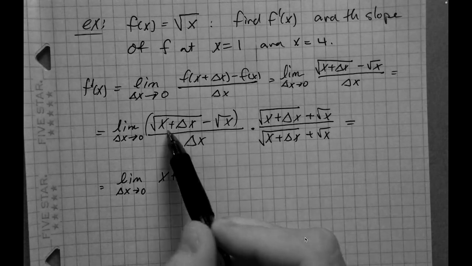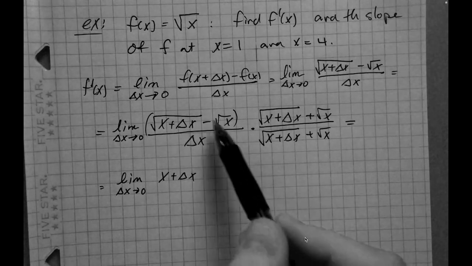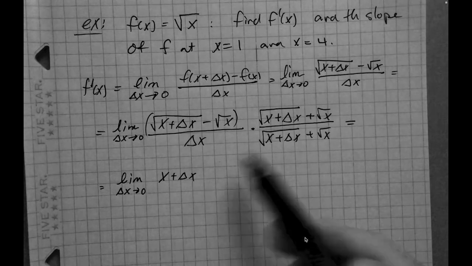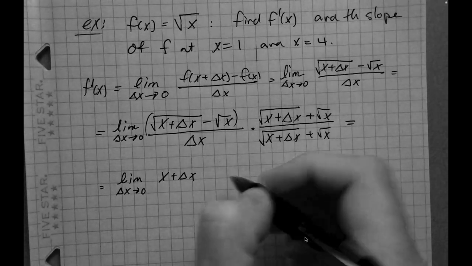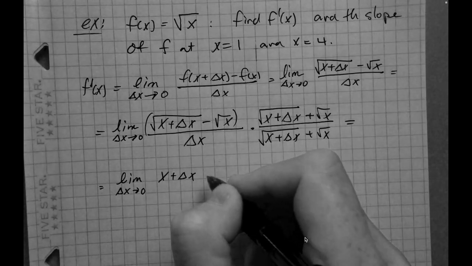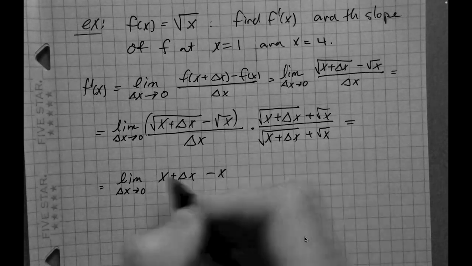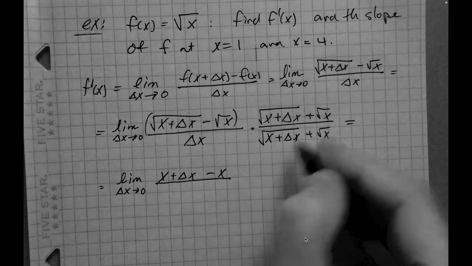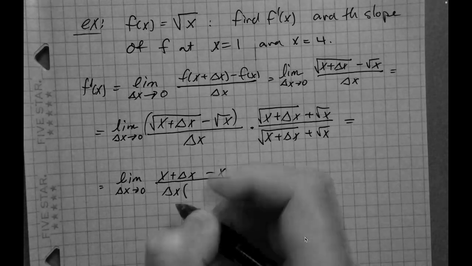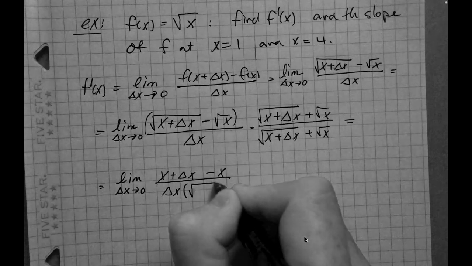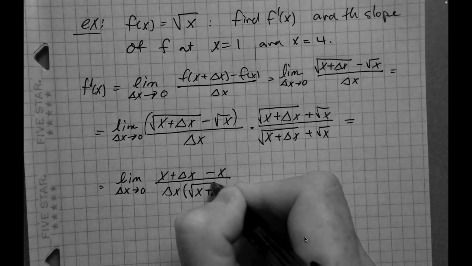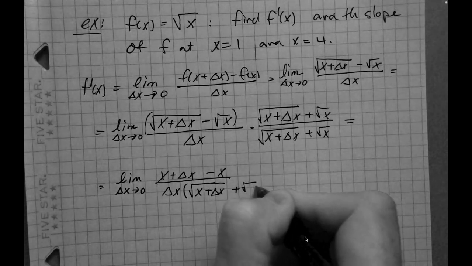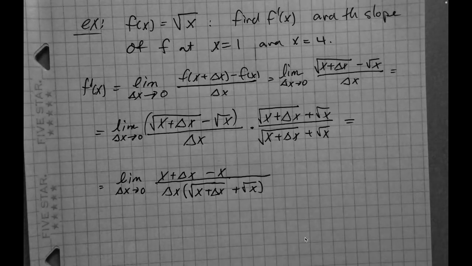Then you're going to have two terms that are plus or minus the square root of x times the square root of x plus delta x, and those will go away, and then you're left with minus x up here. In the denominator, let's just write it like this for now, putting the factors in there together.